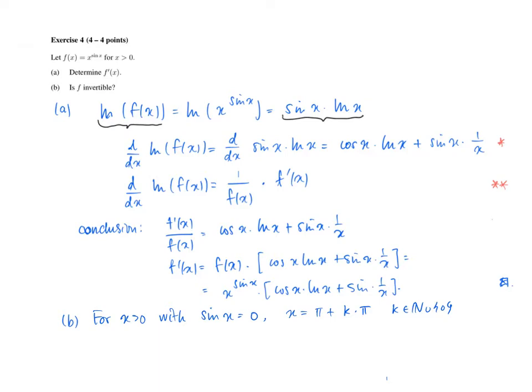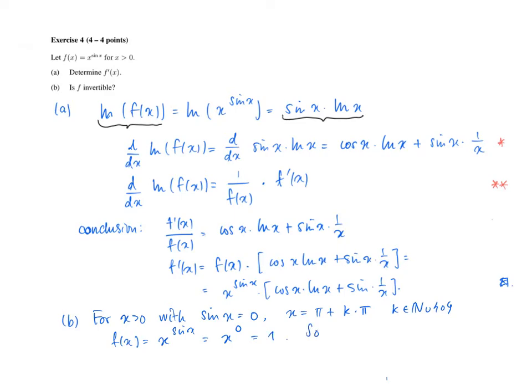Then we know that the sine of x is 0, so that f(x) for these x's equals x to the power sine of x equals x to the power 0 equals 1.